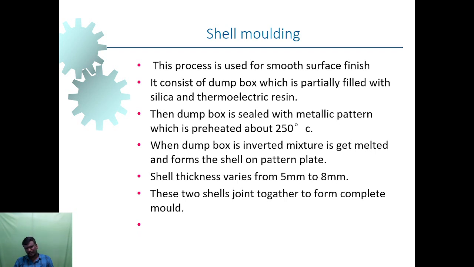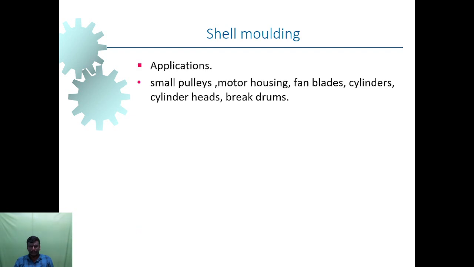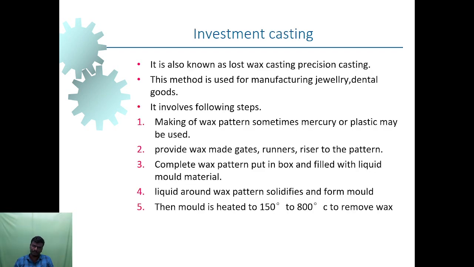When the dump box is inverted, the mixture melts and forms the shell on the pattern plate. Shell thickness varies from 5 mm to 8 mm. These two shells are joined together to complete the mold. Applications of shell molding are small pulleys, motor housings, fan plates, cylinders, cylinder heads, and brake drums.